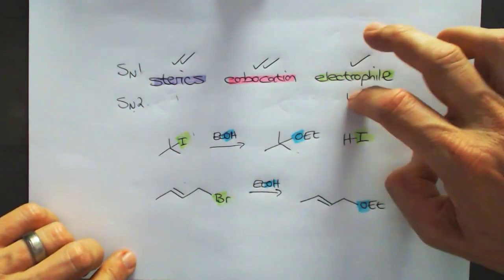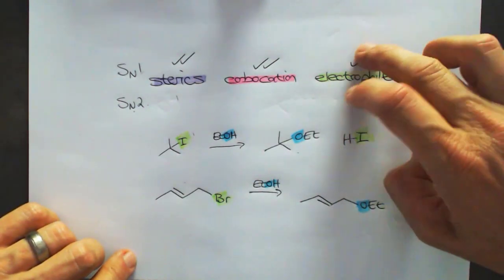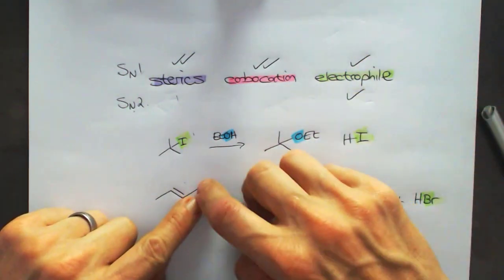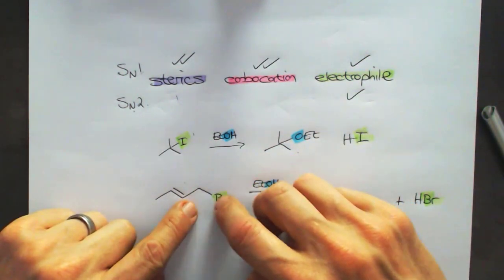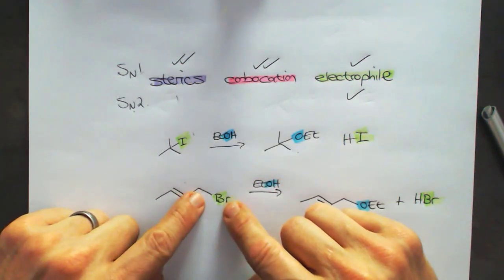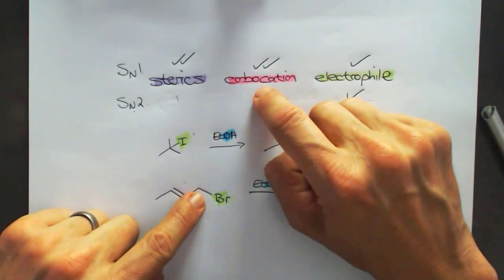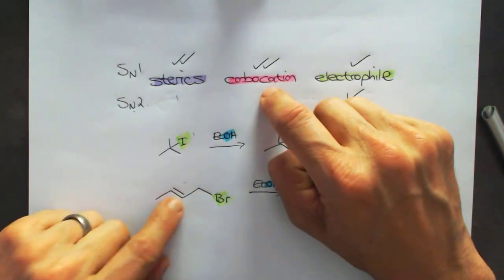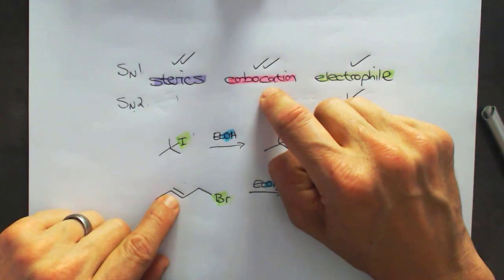So the electrophile in both cases is the same, and that should be no problem. Here, the leaving group is on a primary carbon, and so SN2 is also starting to look quite good, but here we recognize that the carbocation can also be stabilized by resonance and delocalization of this pi bond.